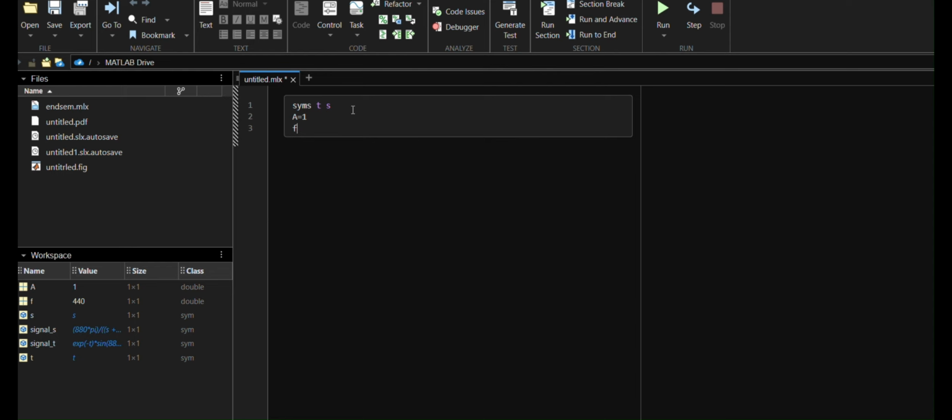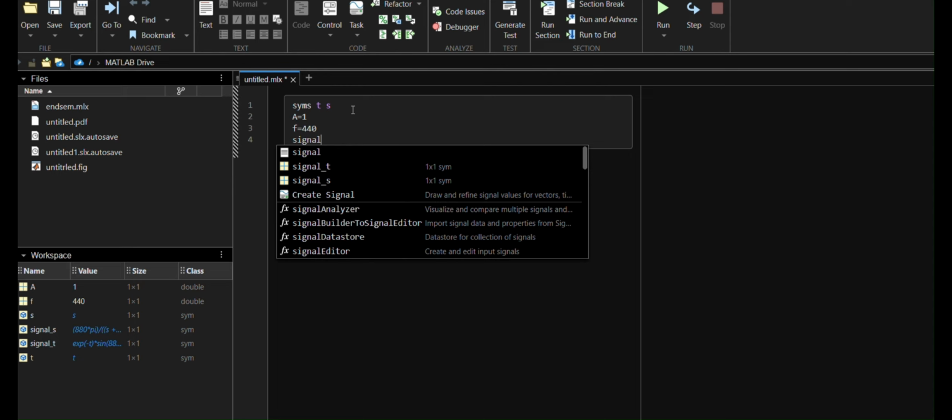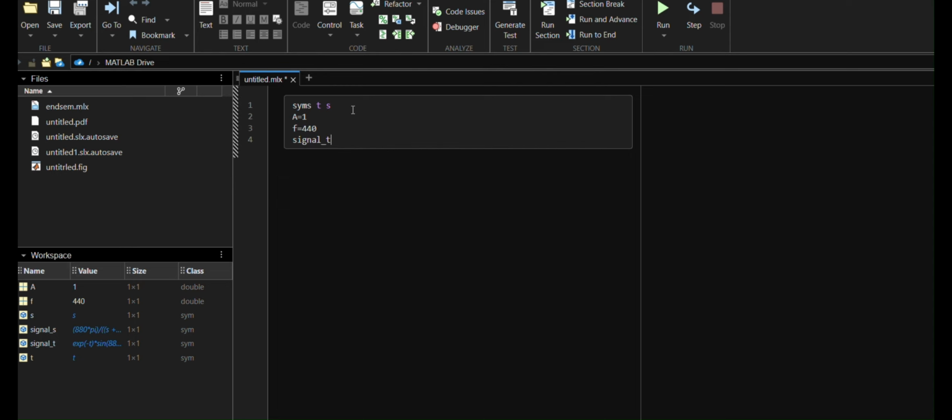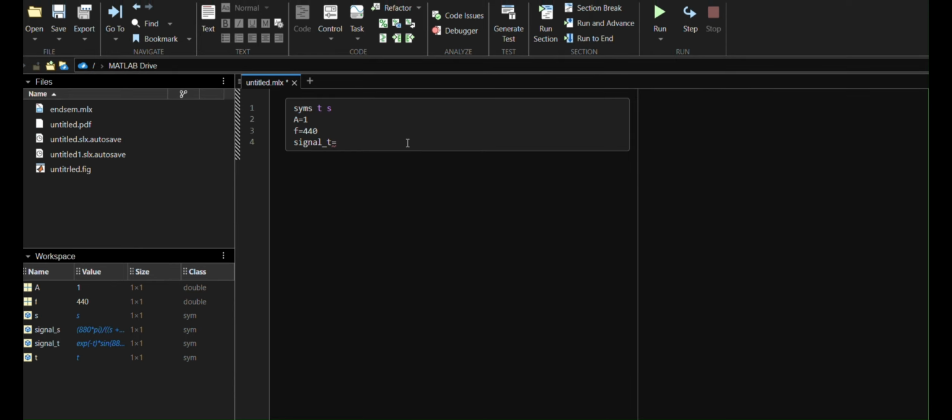Now I put in a frequency value, with the limit up to 440. For example, you can put in whatever you want. Okay, so now the signal. The signal function f of t is equal to A multiplied by sine, I am using the sine function.